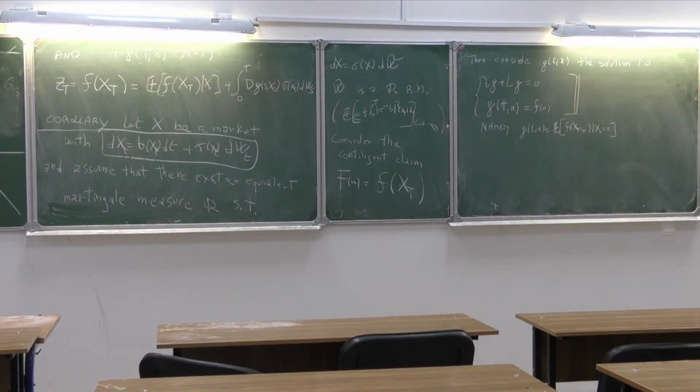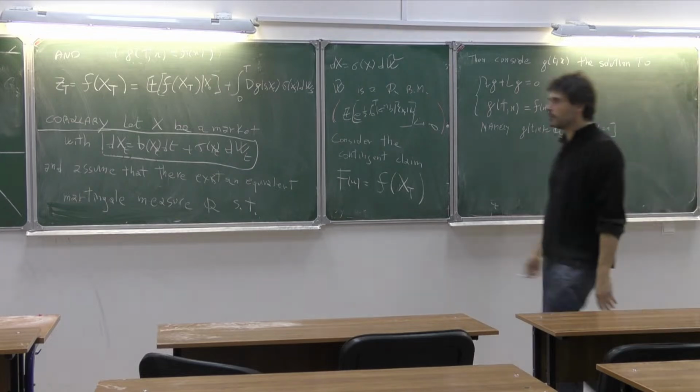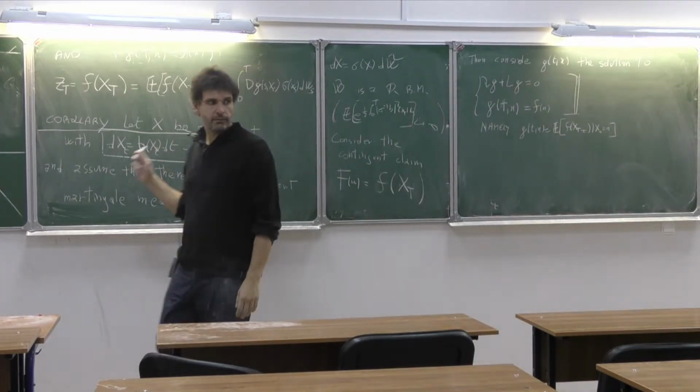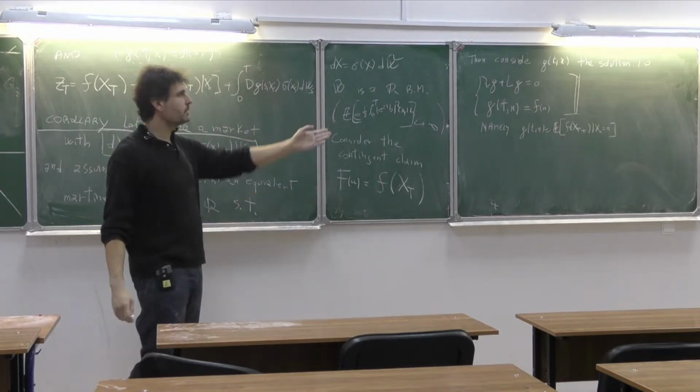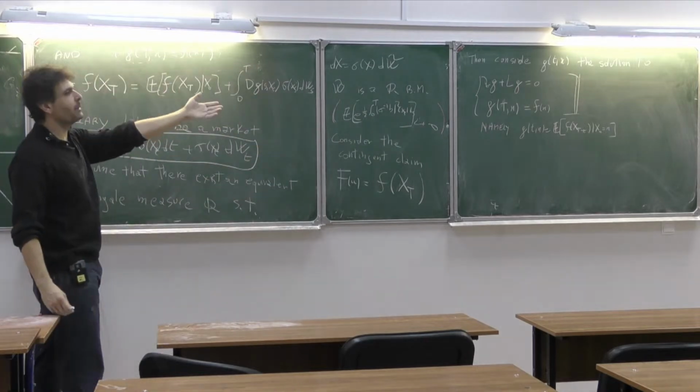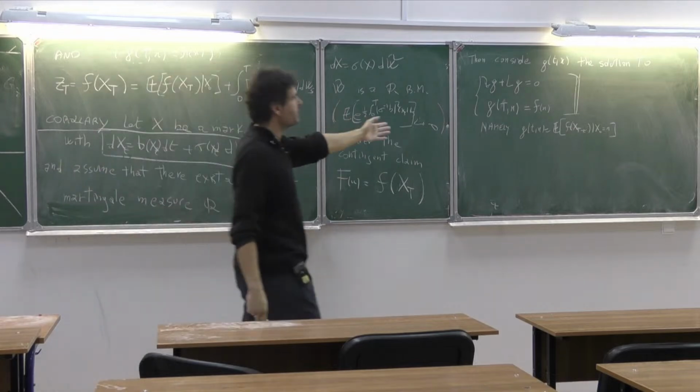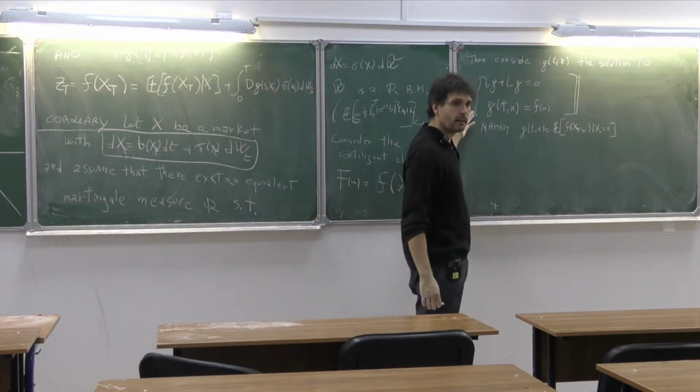You solve these things. We have made this example where b was alpha x and sigma was beta x. Then these equations have explicit solutions. But who cares? You can make a more sophisticated model with non-linear stuff. You put in the numerical schemes to find the G with the level of approximation that you want.